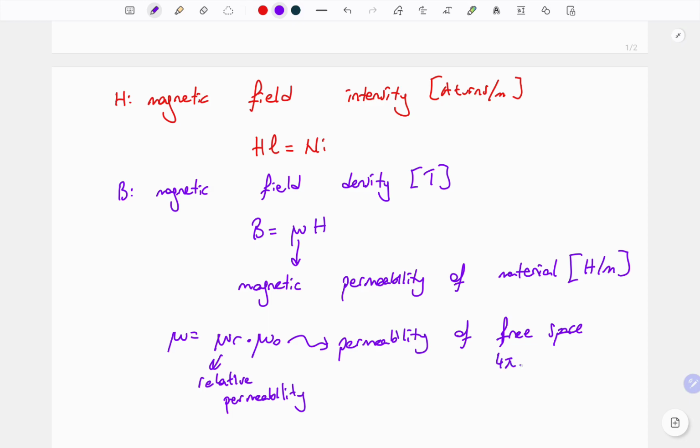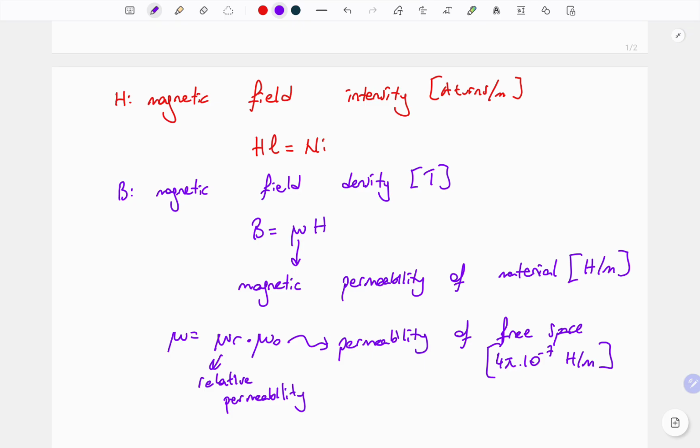It has a constant value, 4 pi times 10 to the minus 7 Henry per meter, which must be used for mu zero in the calculations. For the relative permeability, if we give some examples, for air, its relative permeability is 1.